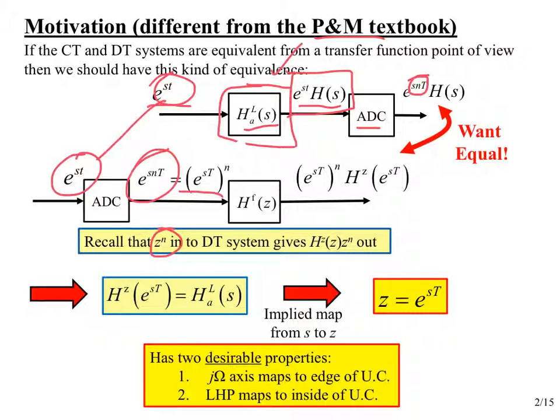Remember, z is a complex number, so e to the sT is going to be some value of z. So for a fixed s value, we'll get a fixed z value raised to the n. And when we send that through our discrete time system, we have a result that says z to the n in comes out as H of z times z to the n. So we have exactly that scenario.